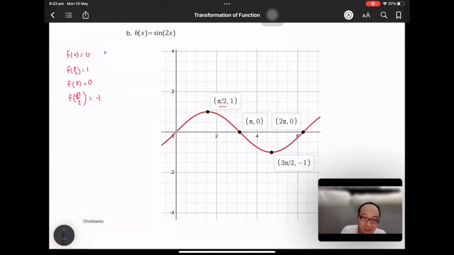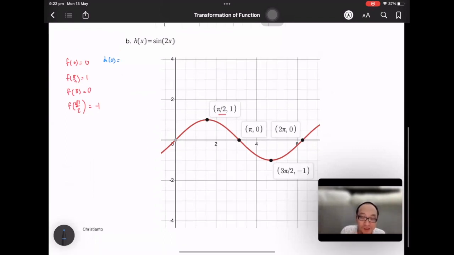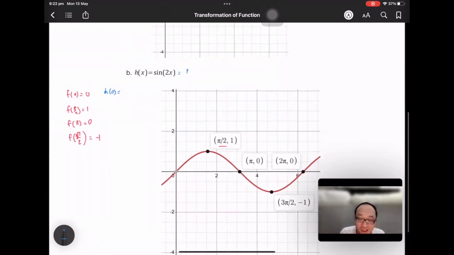So h(0) equals to, okay, what is this? This is f(2x). Yeah, so this is f(2x) because f(x) is sine x. So that means this is equals to f(0). Yeah, 2 times 0 equals to f(0), so 0.